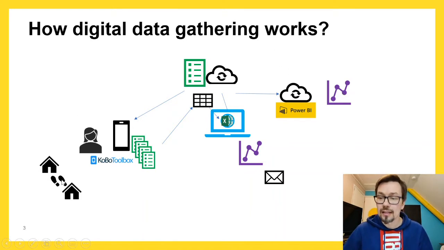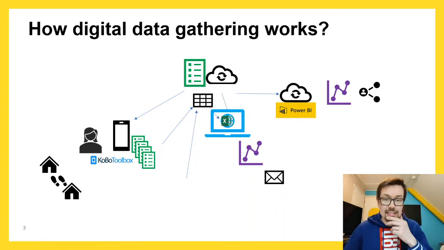So the idea is that when the data is flowing from the field, it goes to the data collection software or service and then flows automatically to, for example, Power BI, and then the results are updated in real time, which is nice. Then you can share the link to your colleagues or the community or whoever. So that's a little bit advanced here. No need to go there. You can keep to the basics and utilize, for example, just Excel.